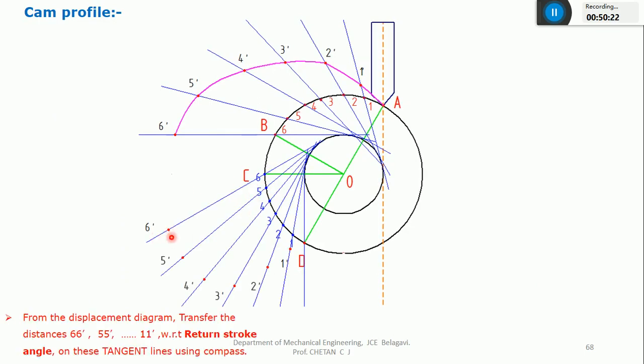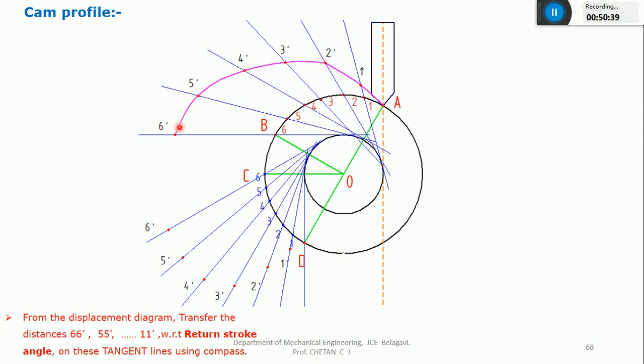So you'll get 6 points with respect to these 6 lines. I'll call these tangent lines instead of radial lines, because all these 6 lines are tangent to this offset circle.